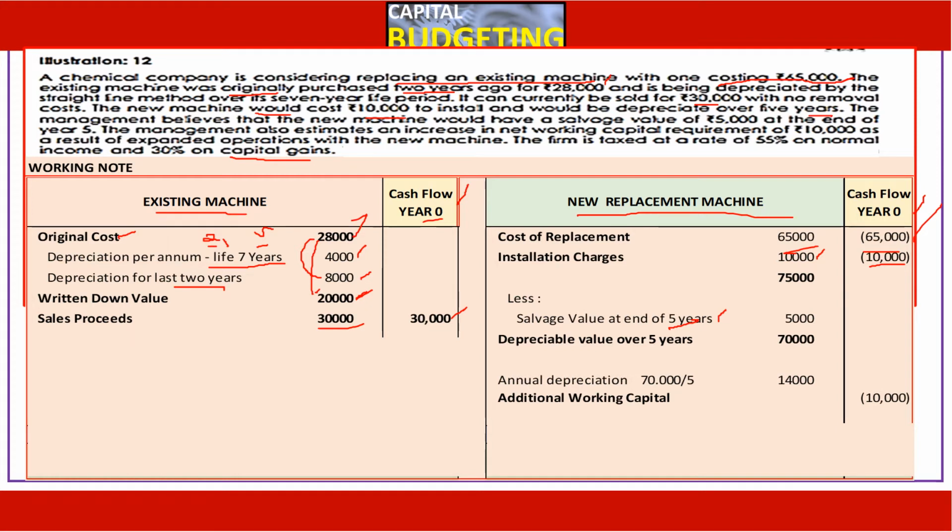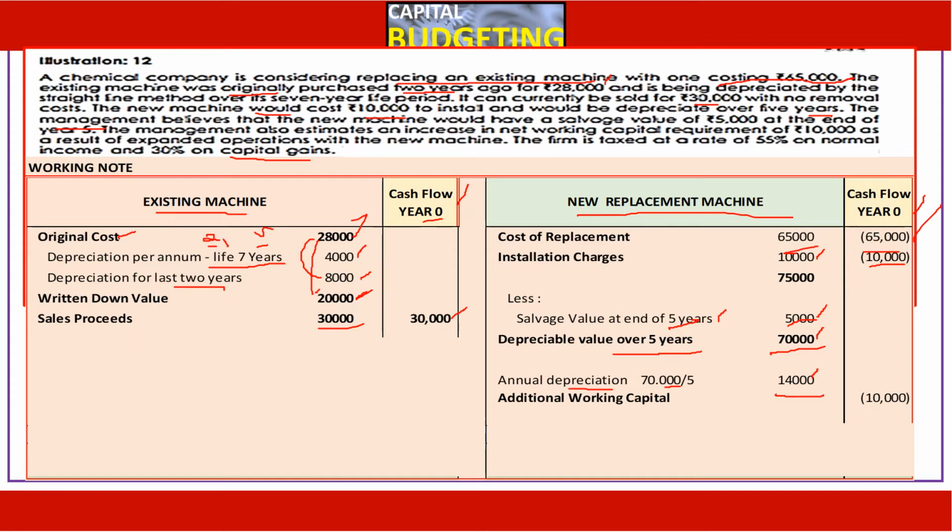The management believes that the new machine would have a salvage value of 5,000. Means at the end of 5 years, we will have a salvage value of 5,000, means we have to recover 75 minus 5, 70,000 over 5 years. Therefore, our annual depreciation in respect of the new machine will be 70,000 divided by 5, 14,000.